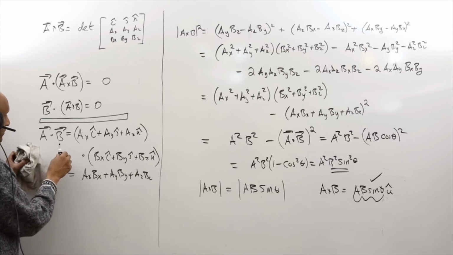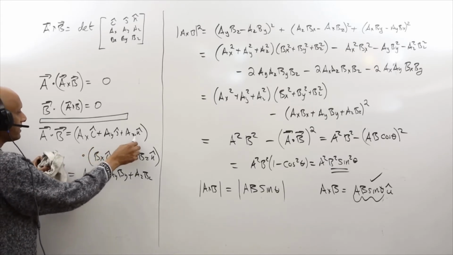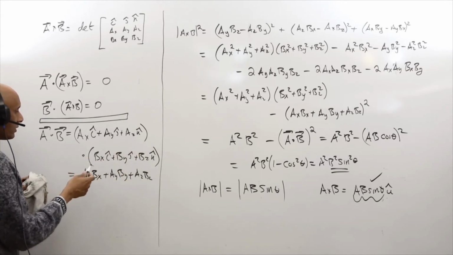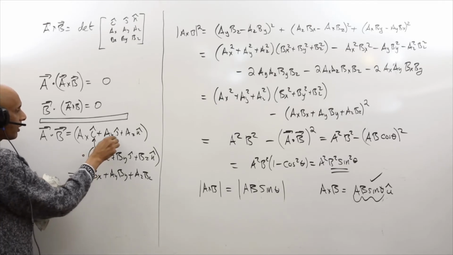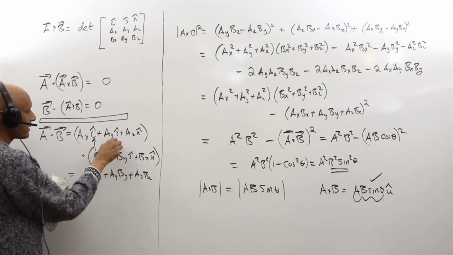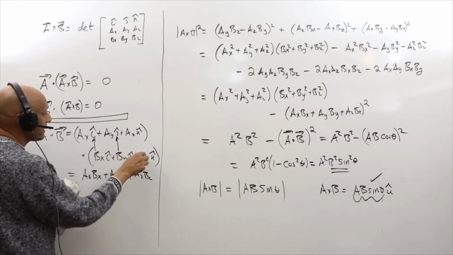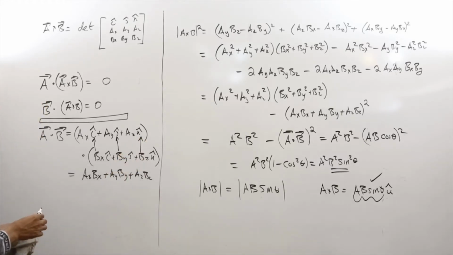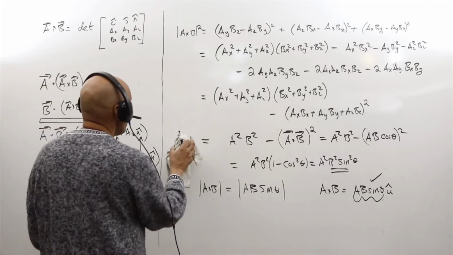My construction of the rule says that if I have a vector ax i plus ay j plus az k dotted with bx i, by j, I will transform this by saying every place where I see the i, I will replace it with bx. Everywhere I see the j in the first vector, I'll replace it with the second component. Every place I see the k vector, I'll replace it with bz. So that's a rule. Let's see if we can apply this rule in evaluating this.